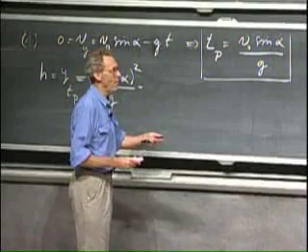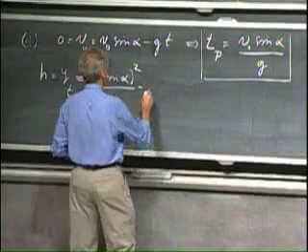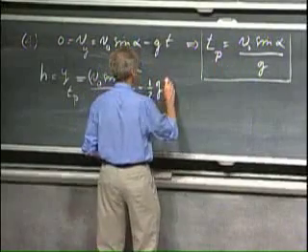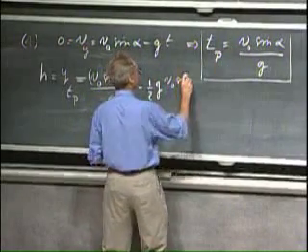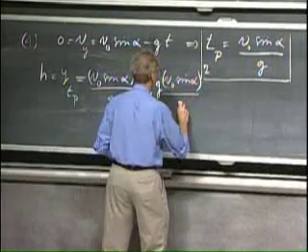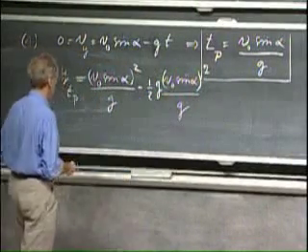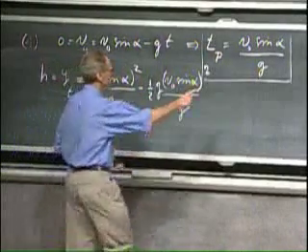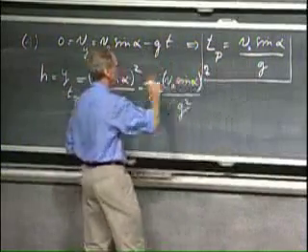This equation, minus half gt squared, minus 1/2 g times this one squared, which is v0 sine alpha squared divided by g squared. Because there's a g here, you see. So you square the whole thing, it is t squared.